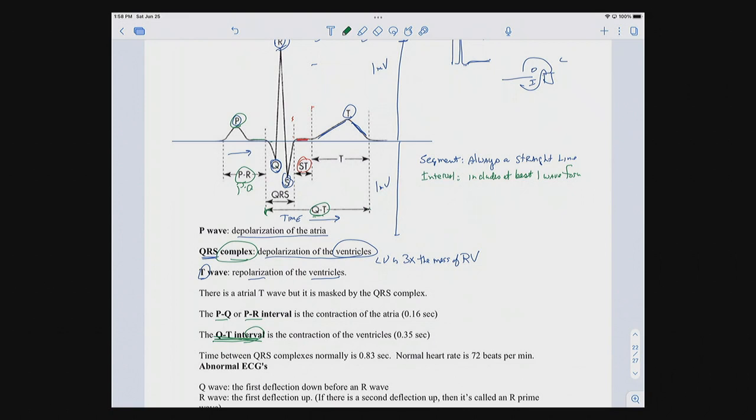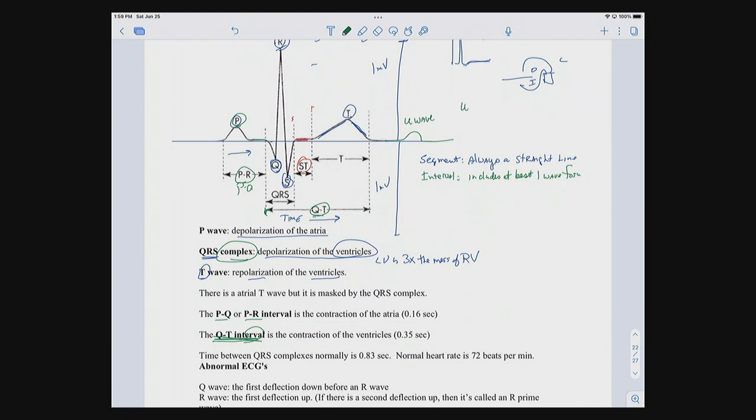There's another wave that sometimes is present, but I don't have it on here, so I'm just going to draw it on here. And it's going to be something like that. And that is referred to as a U wave. Most of the time it's not there, but sometimes it can be there.